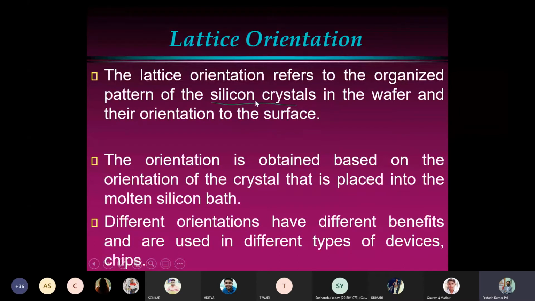Like what is the lattice orientation of silicon? The orientation is obtained based on the orientation of the crystal that is placed into the molten silicon bath.